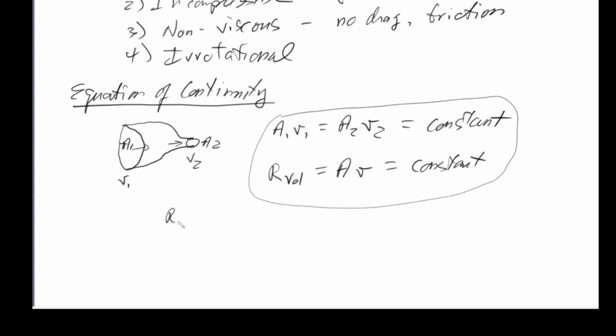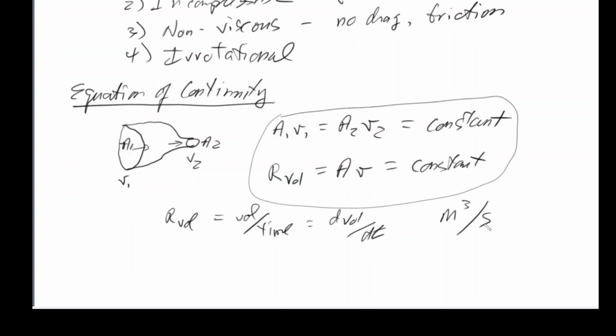And in this case, the volume flow rate is equal to the change in volume over time, which could be considered d volume dt. And the unit for the volume flow rate is meters cubed per second.